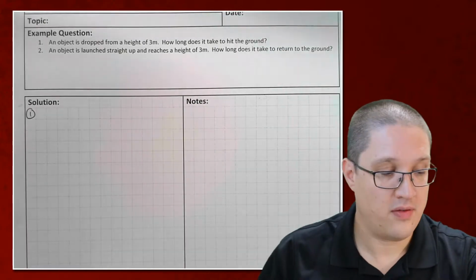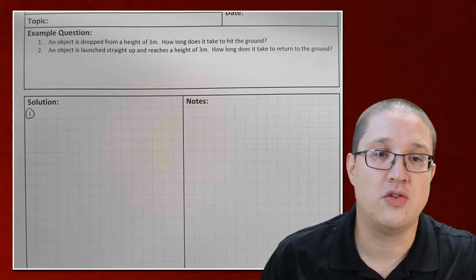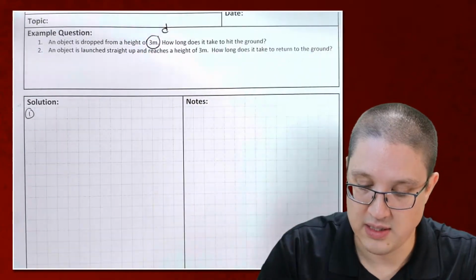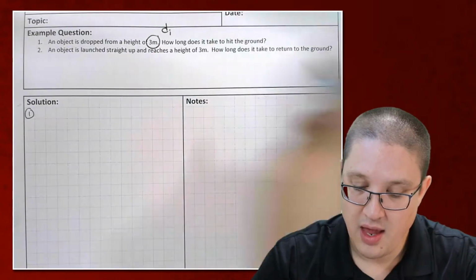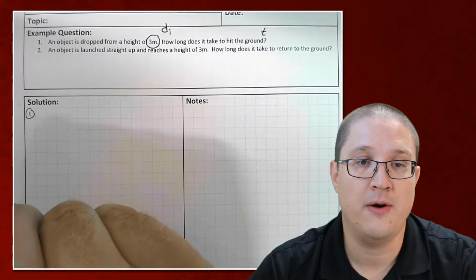So, for the first one, we know a couple of things. An object is dropped from a height of 3 meters. So this here is a distance that we have, our initial distance. How long does it take to hit the ground? Well, we're looking for a time here.